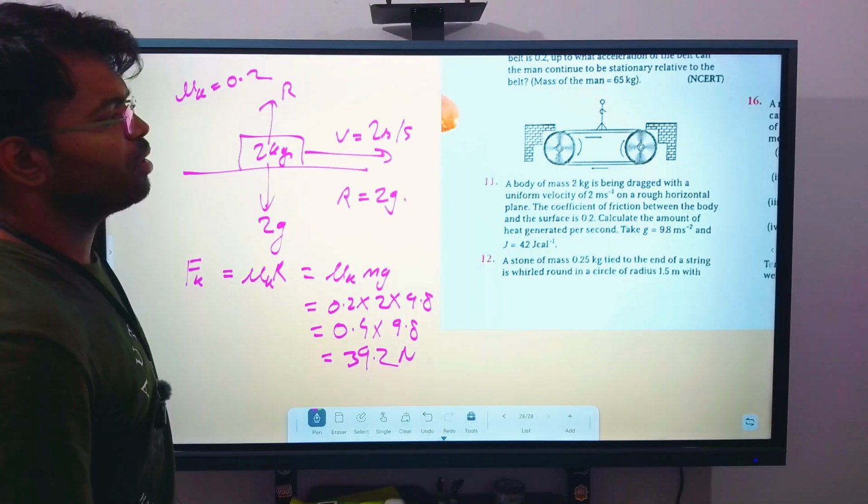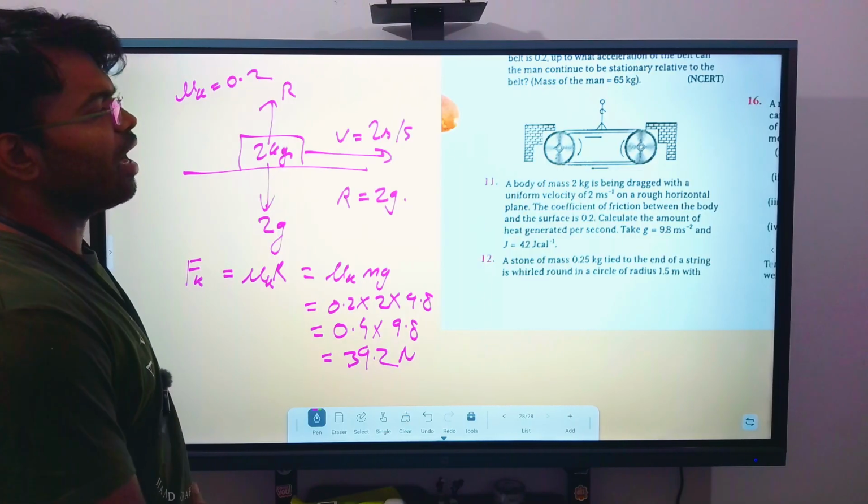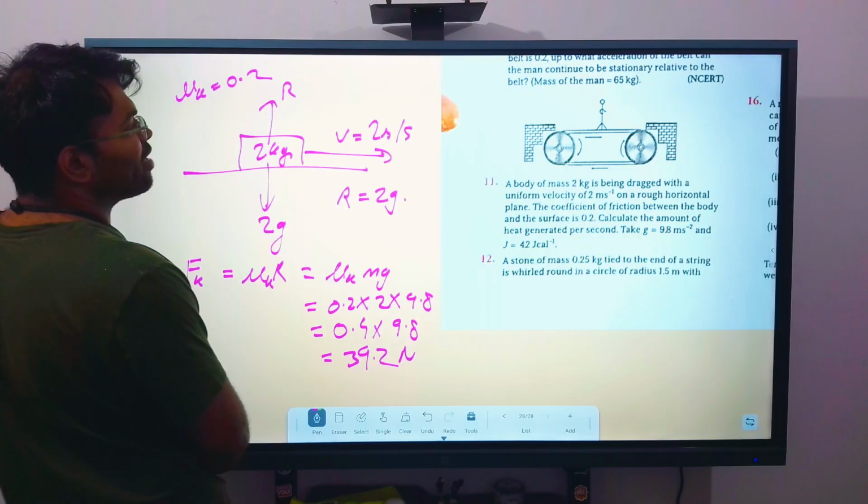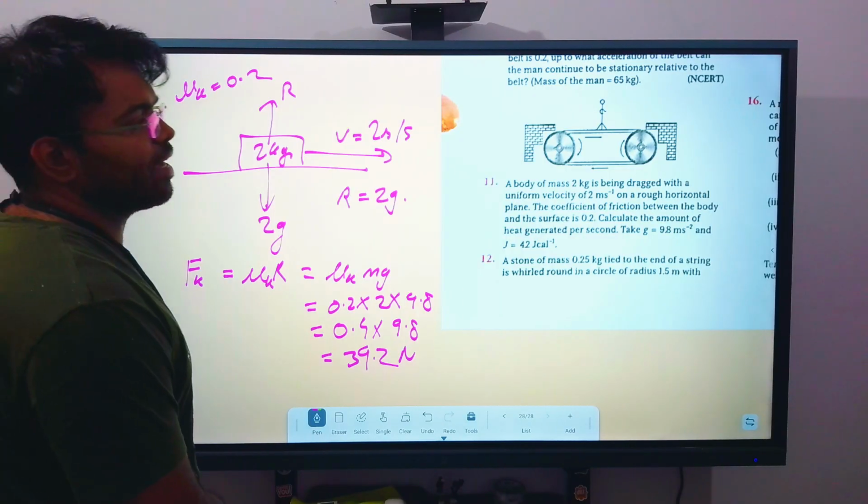To calculate the amount of heat generated, first let us calculate how much work is done per second.